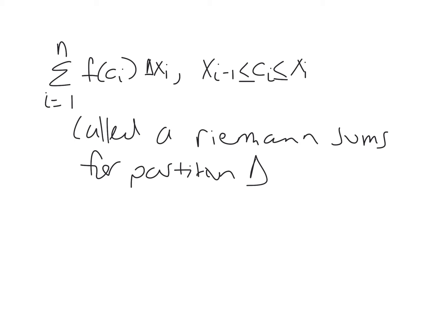That's called the Riemann sum for partition delta, or a change. So our goal with this lesson is we are no longer going to be doing the rectangles except for your quiz, and we're going to be able to approximate exactly what that area is. That's the goal.